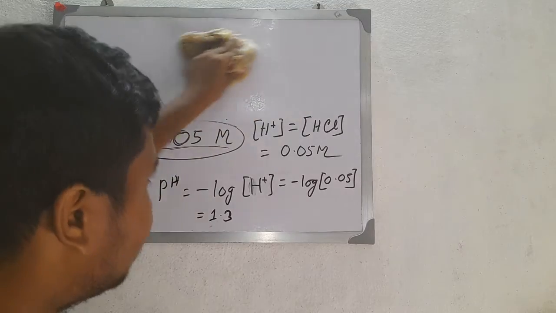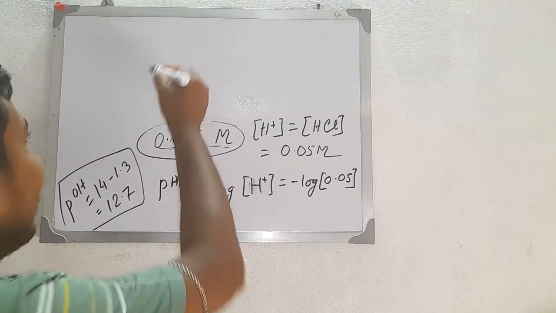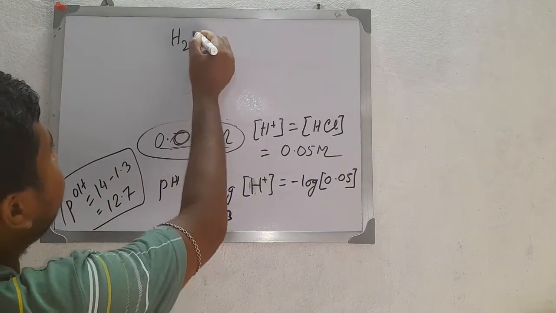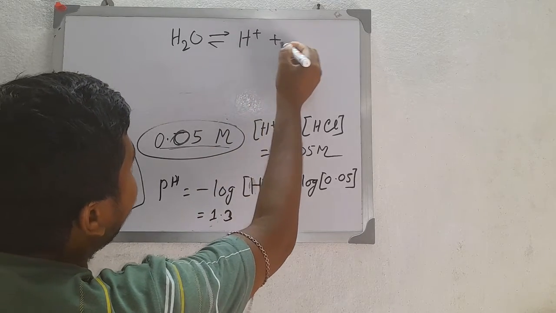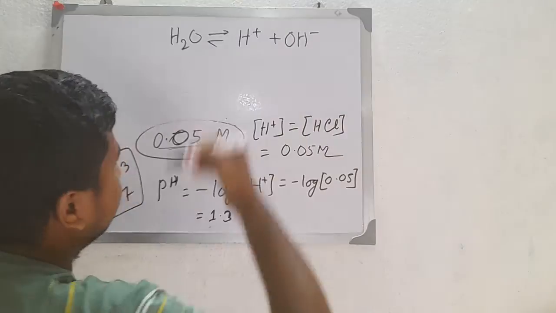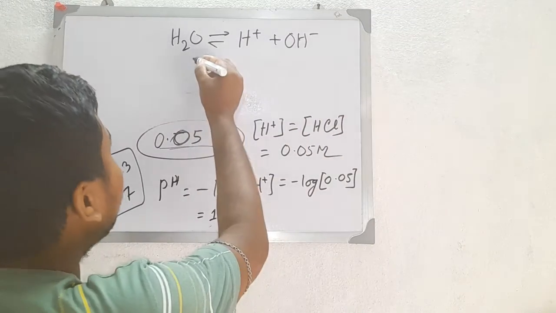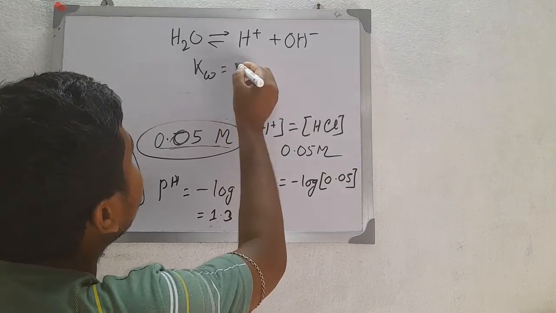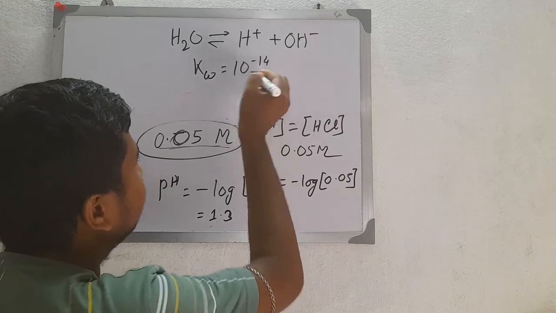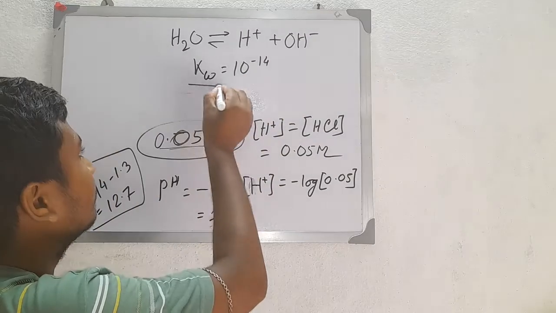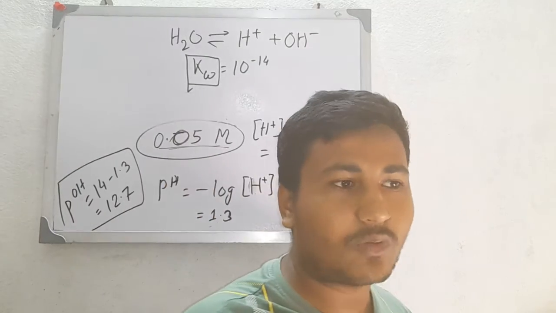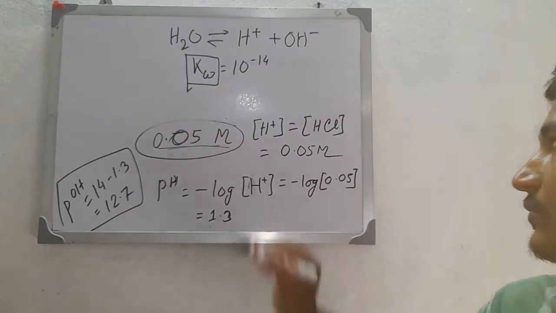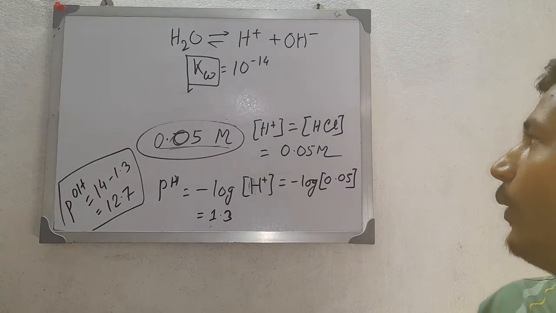Where does it come from? We know that H2O dissociates into H plus and OH minus ions. Kw equals 10 to the power minus 14. What is Kw? Kw is the dissociation constant of water.